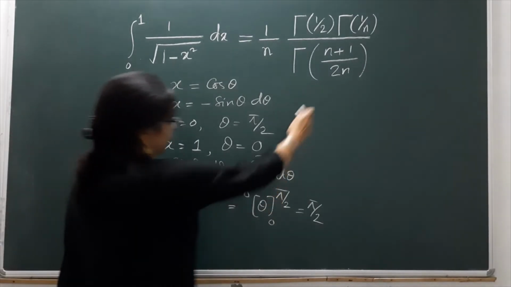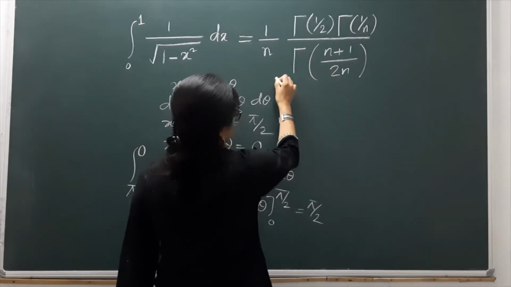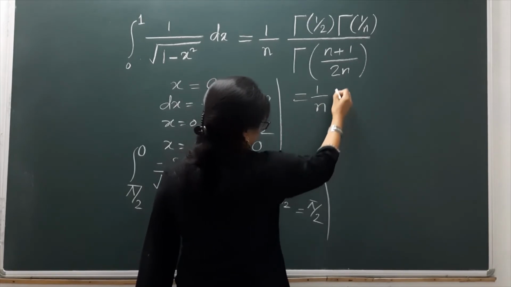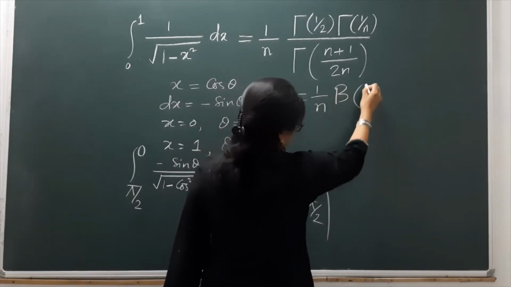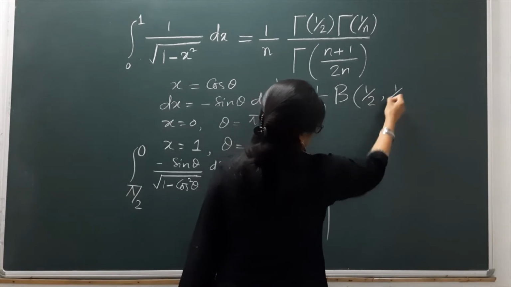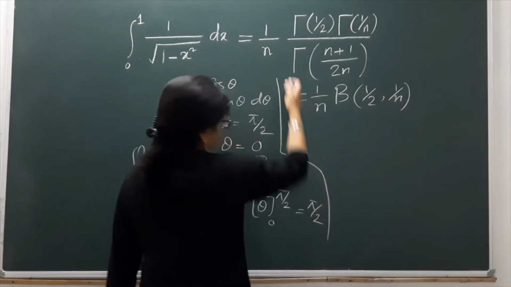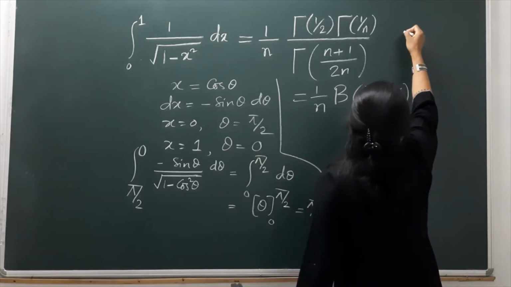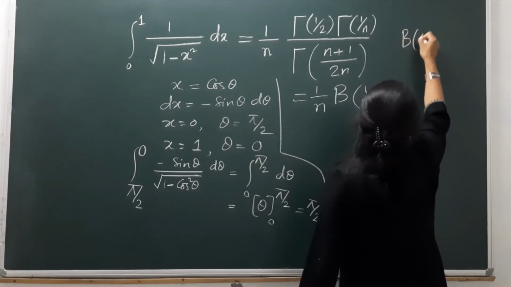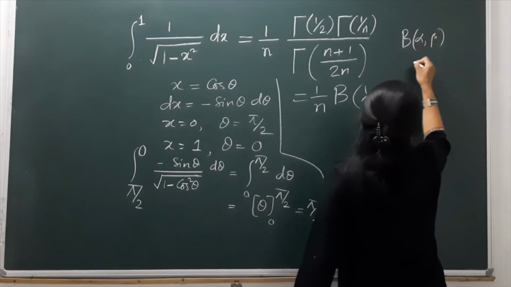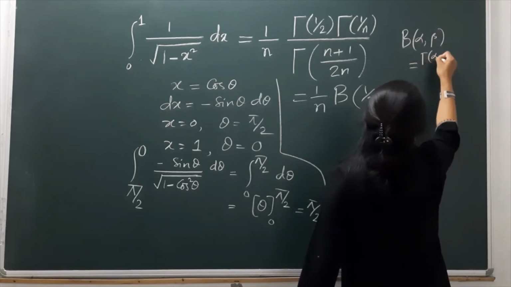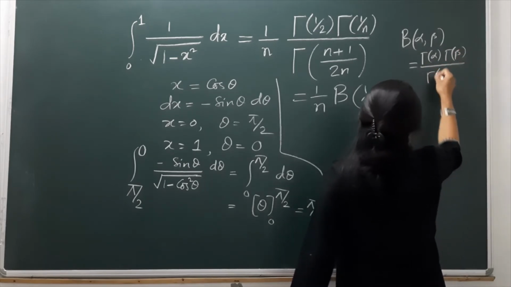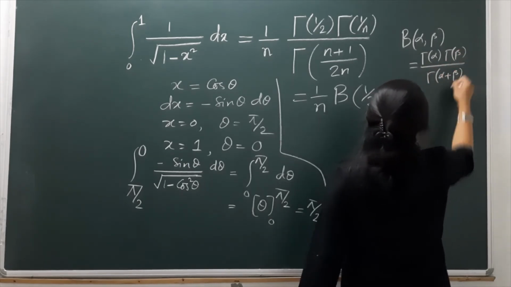Now, the right hand side can be written as 1 by n beta half comma 1 by n. How is it? You see that we know beta alpha beta is gamma alpha, gamma beta by gamma alpha plus beta.